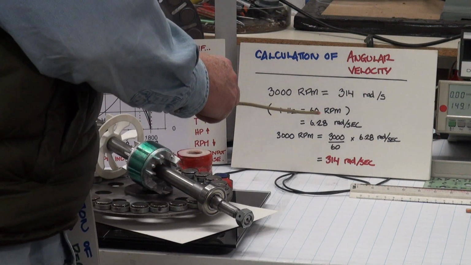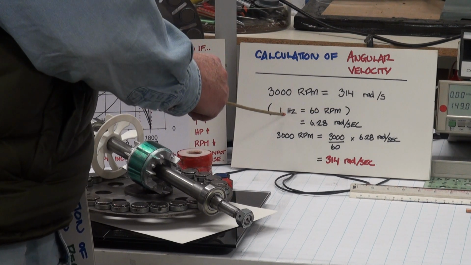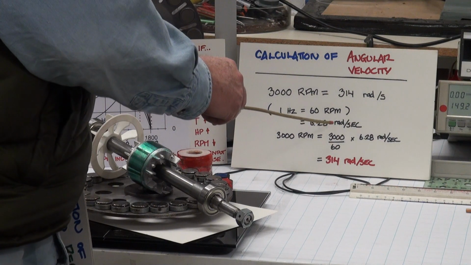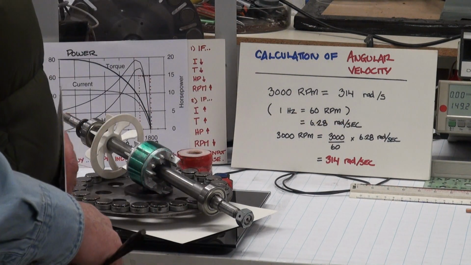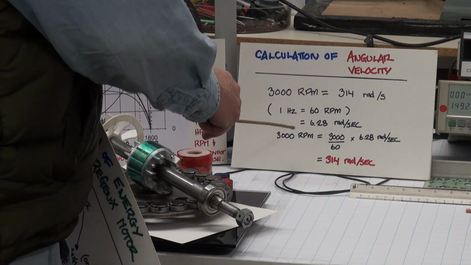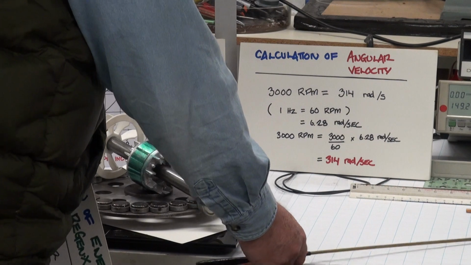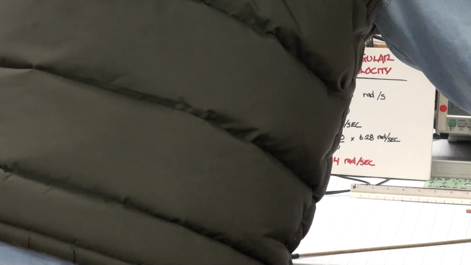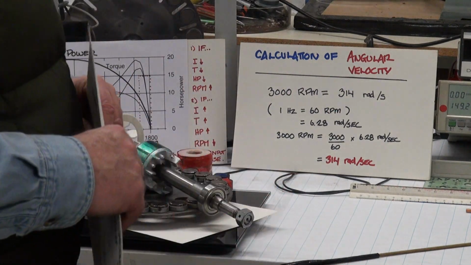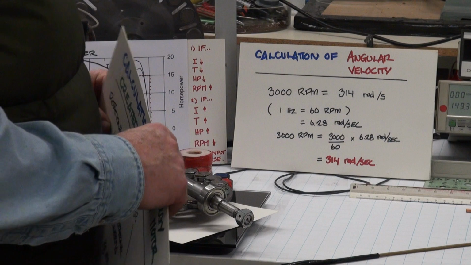And that's derived from the fact that 1 hertz is equal to 60 RPM, which equals 6.28 radians per second, and 3,000 RPM equals 314 radians per second, and we'll be operating in the 3,000 RPM range.